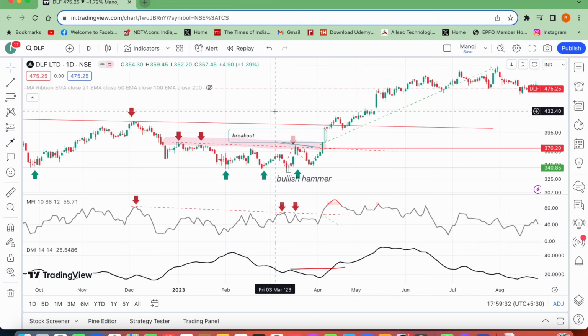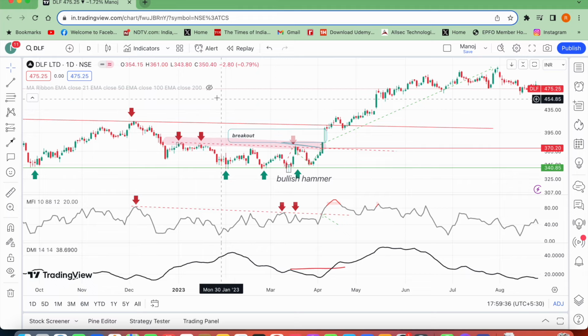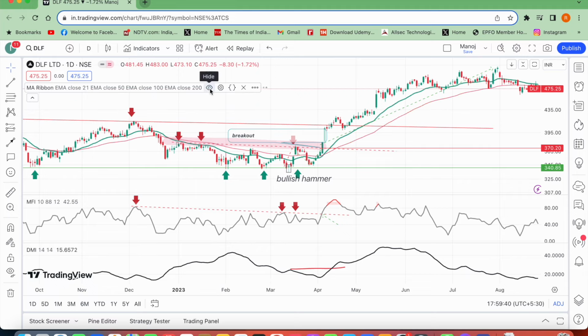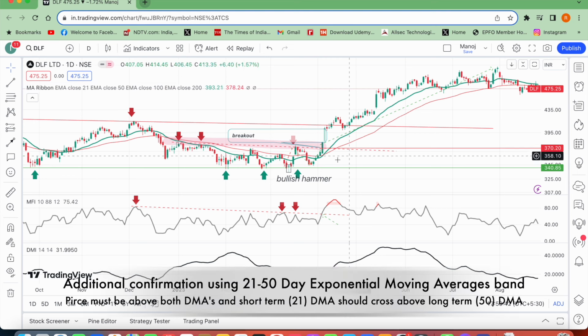I also add moving averages to see whether the moving averages are also giving me a confirmation or not. I typically use the 21-day moving average and the 50-day moving average. The green line indicates the 21-day moving average and the red line indicates the 50-day moving average. You can see over here at the same price point, the shorter term moving average, the 21-day, crossed above the longer term moving average, the 50-day.